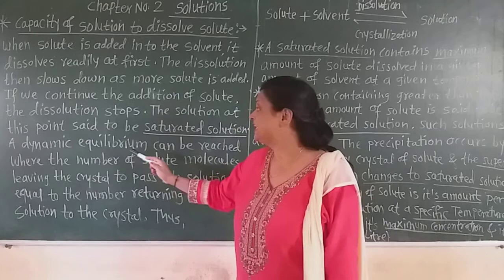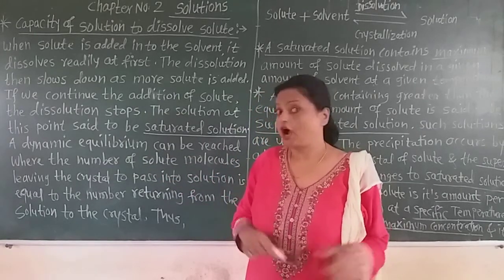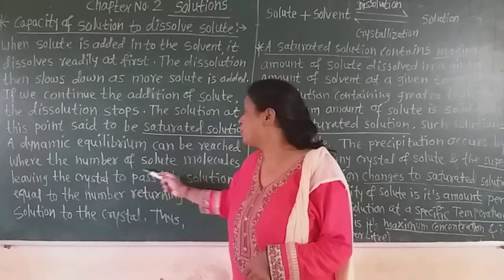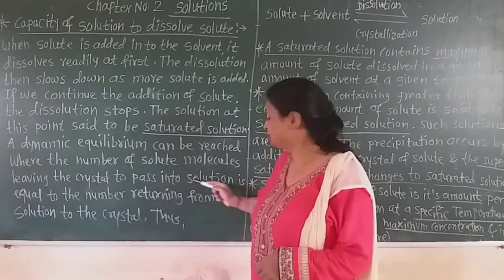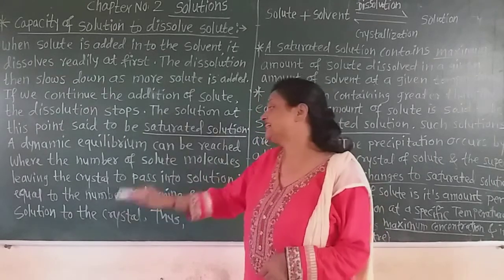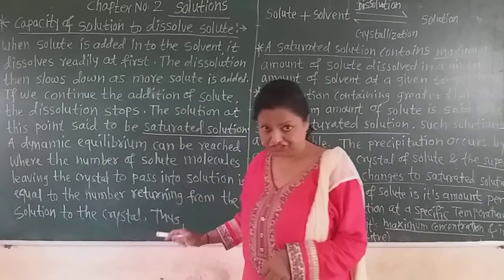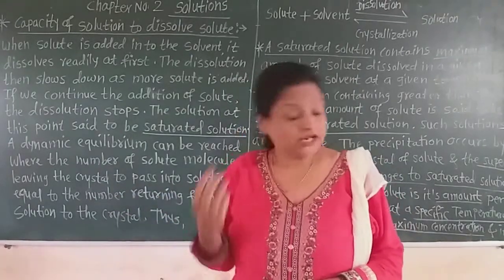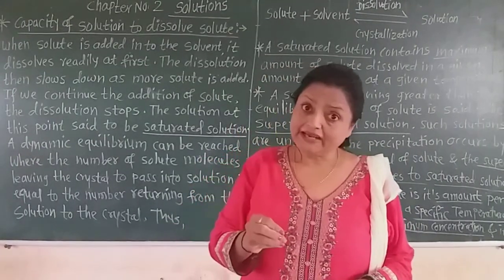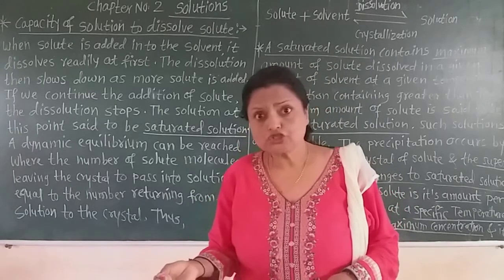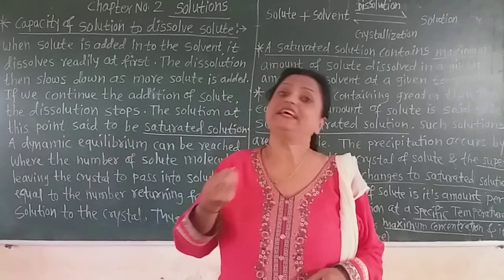A dynamic equilibrium can be reached, where the number of solute molecules leaving the crystal to pass into the solution is equal to the number returning from the solution to the crystal. That means a dynamic equilibrium is attained where the solute particles dissolve into the solution, and at the same time the same number of solute particles get crystallized out.